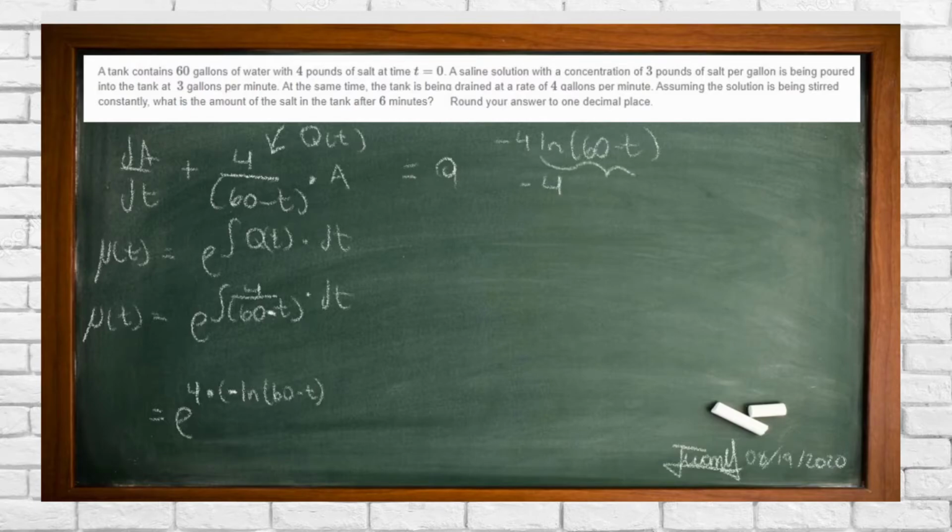The derivative of the logarithm of 60 minus t is going to be in the denominator of a fraction, so negative 4 divided by 60 minus t. But by the chain rule, we need to multiply this expression by negative 1. So indeed, we end up with 4 divided by 60 minus t, which is what we started with. So let's keep going.